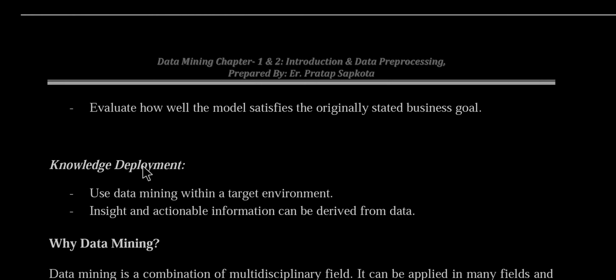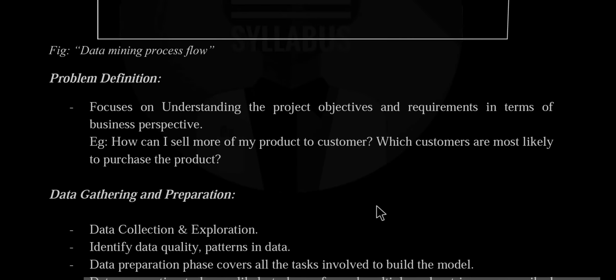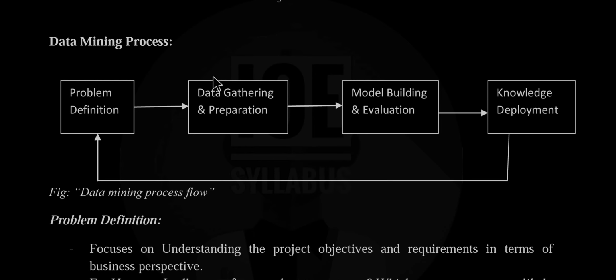So now in the knowledge deployment phase, we'll use this data mining model within a target environment. We will take some test data and try to identify results according to the model we have already built. In this phase, insights and actionable information can be derived from the data. So this was about the data mining processes.